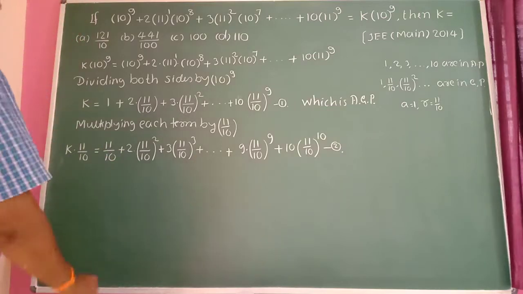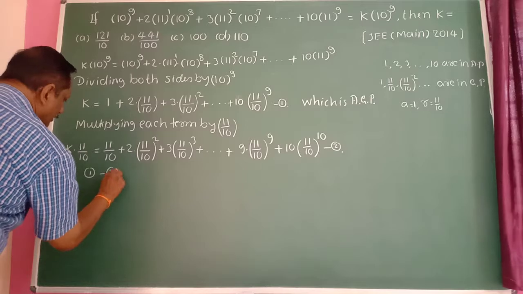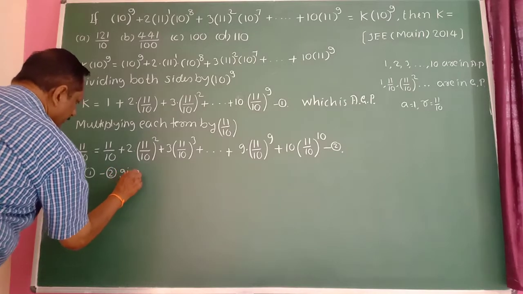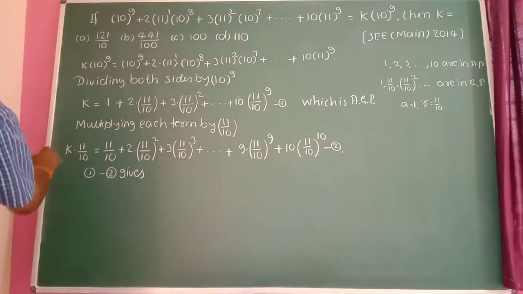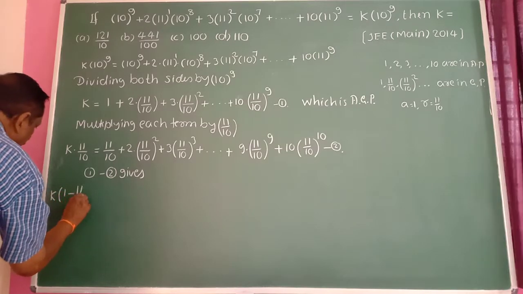Then subtracting, equation 1 minus equation 2 gives: this minus this gives k as a common factor, 1 minus 11 divided by 10.